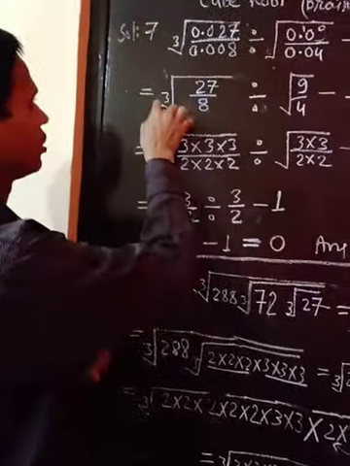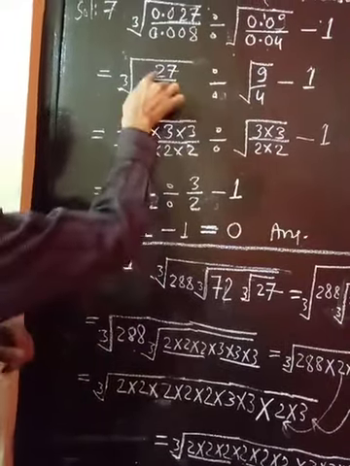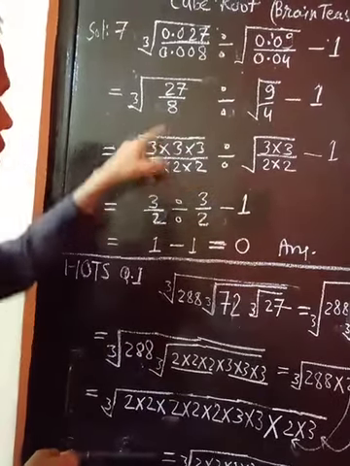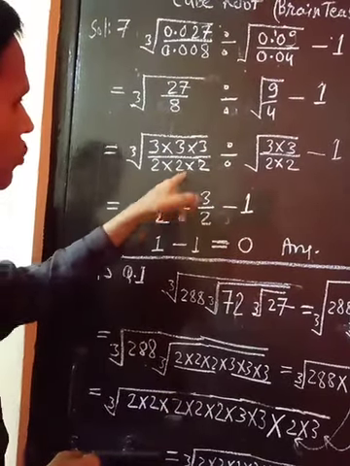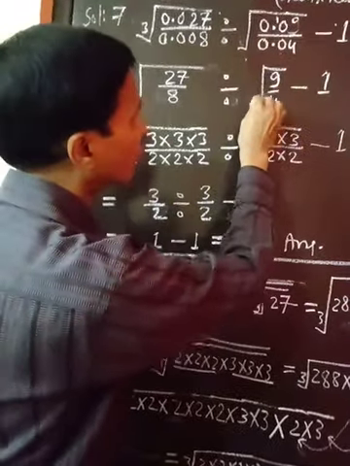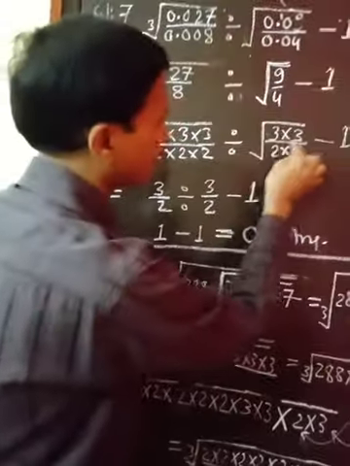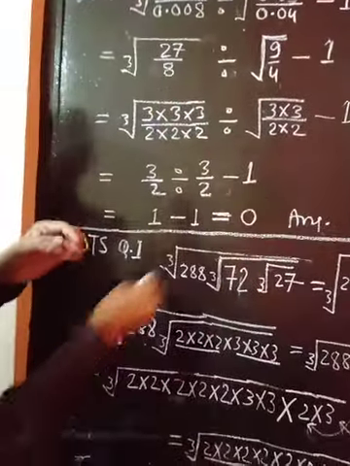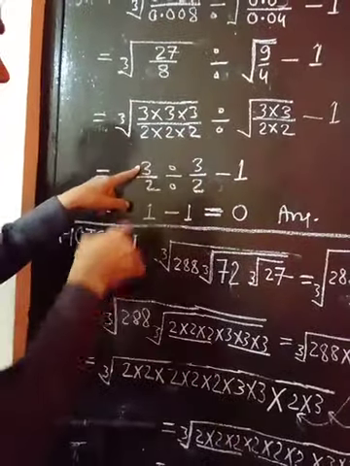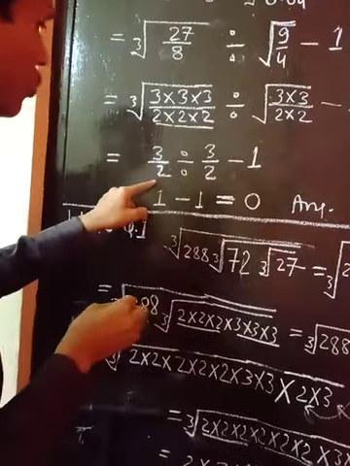Now you see this is the cube root of 27 upon 8. So the prime factorization of 27 is 3 multiplied by 3 multiplied by 3, and 8 is 2 multiplied by 2 multiplied by 2. And here this 9 is square root only. So 3 multiplied by 3, 2 multiplied by 2. Then out of these 3's, 1 we will write outside because this is cube root, and out of these 2's, 1 two will come.